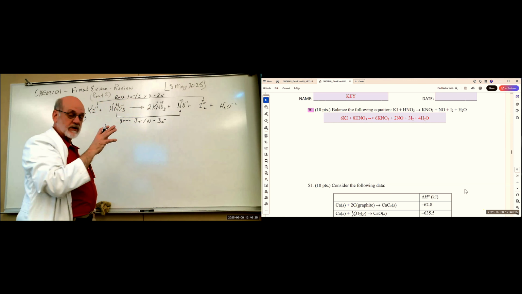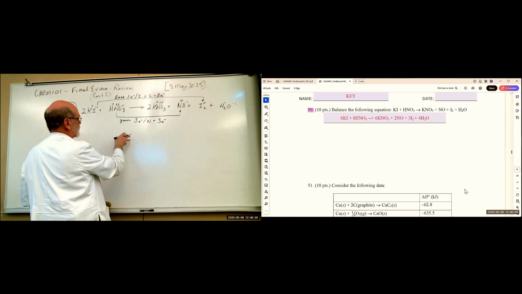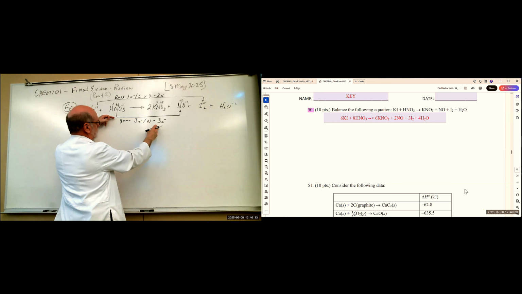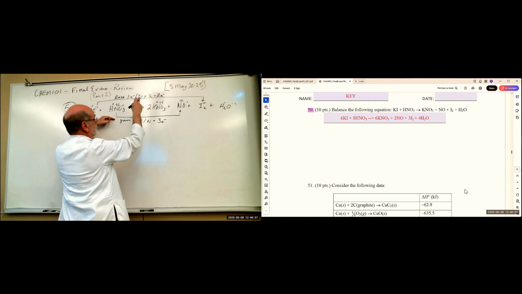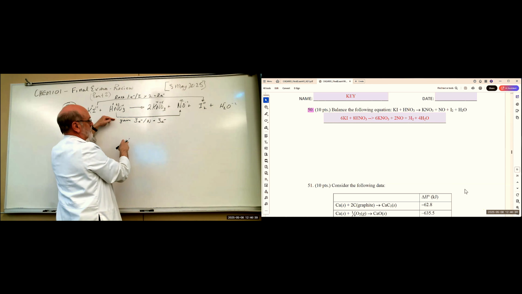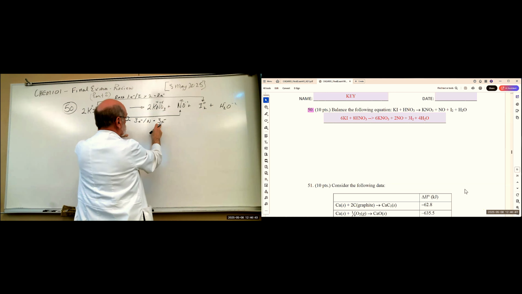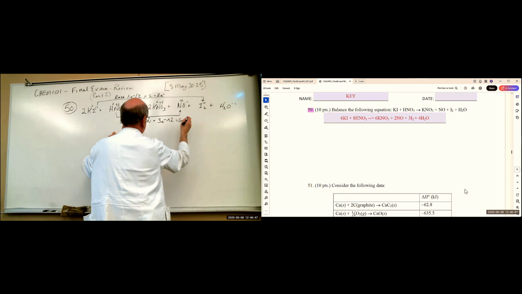Now, what we need to do before we go any further is balance the electrons. So if we've got 3 electrons in this reduction and 2 electrons in the oxidation, we need to cross multiply them. So how do we do that? Well, we need 2 times this one to give us 6 electrons.